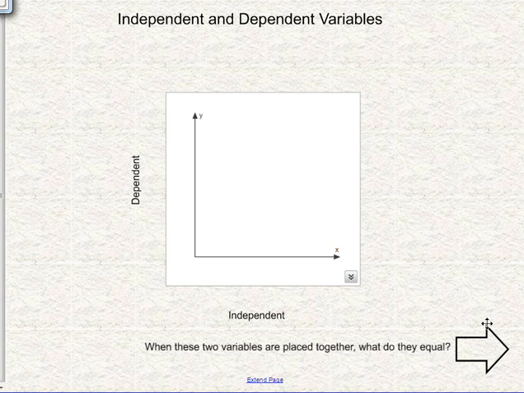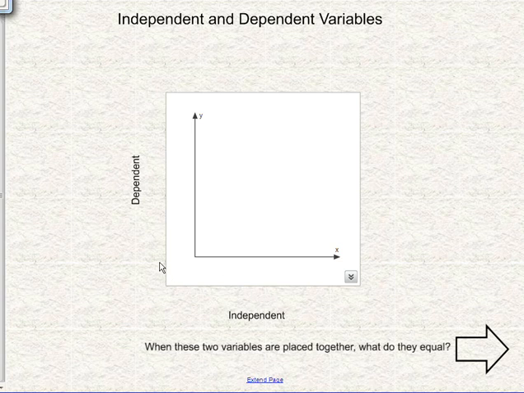Okay, so the first thing we need to talk about is there are two vocabulary words in this particular section that are really important to know about. These two vocabulary words are independent variables and dependent variables. Independent variables are the variables that go along the x-axis. We also call these x's, inputs, and there are some other words, we'll go over that in a second.